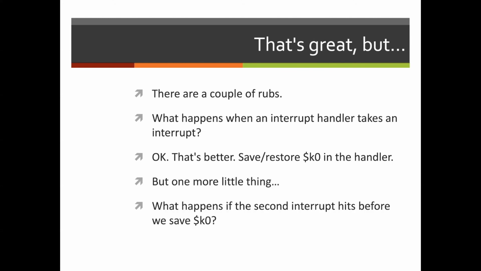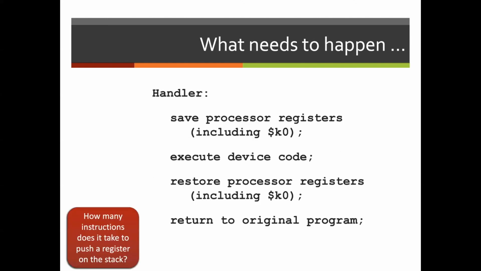we also need to consider if there is a second interrupt that hits before we're able to save that address. And so we need to consider how many instructions it takes to push a register onto the stack.